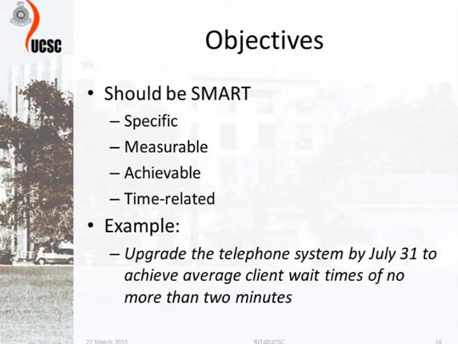To measure we must have something that will be able to judge that it has actually got upgraded or has improved performance. So, in the same sentence we continue saying by this date to achieve an average client waiting time of no more than 2 minutes. The no more than 2 minutes is something that can be measured. If the client can achieve something within less than 2 minutes, then that means you have achieved the measurable objective.